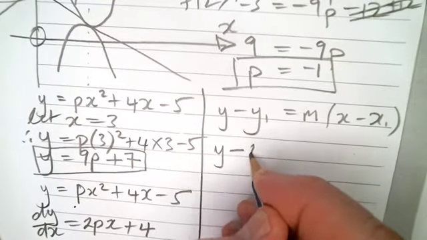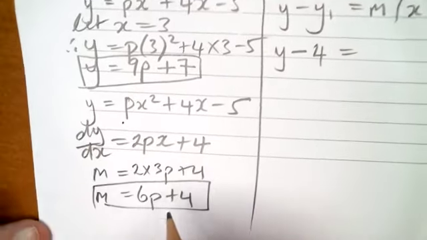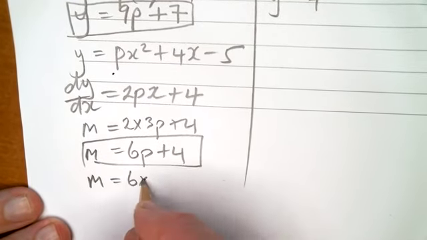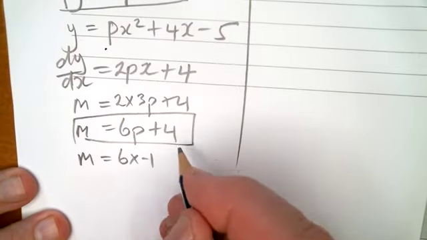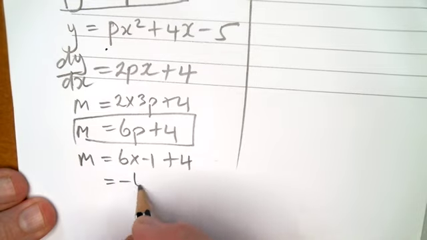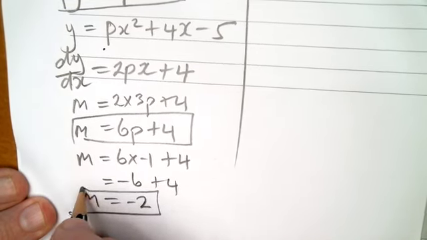Here it is, equal to m. And what's m going to be? Well, we know p now, so m is equal to 6 times negative 1, because p was negative 1, plus 4. So m is equal to negative 6 plus 4. M is equal to negative 2. There it is.